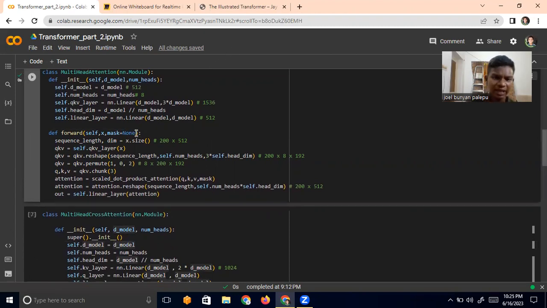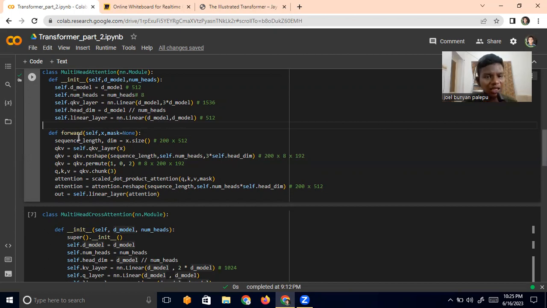We take the input from the multi-head attention and pass it to scaled dot product attention. And further, we also take the input from the transformer decoder and pass it to multi-head attention. Here also I have specified the parameter mask, and we set that to none. If no mask is specified, we consider it as none, and we pass this mask to scaled dot product attention.